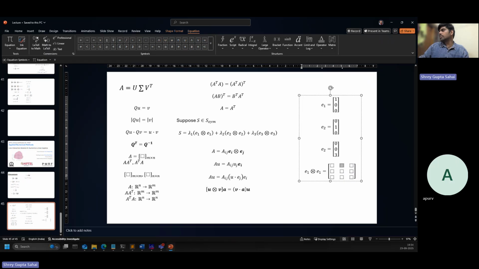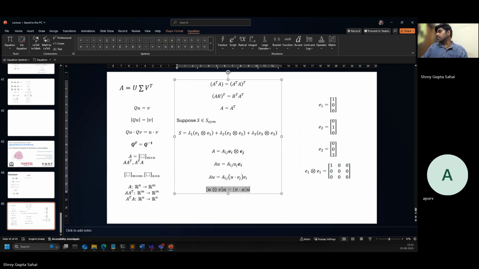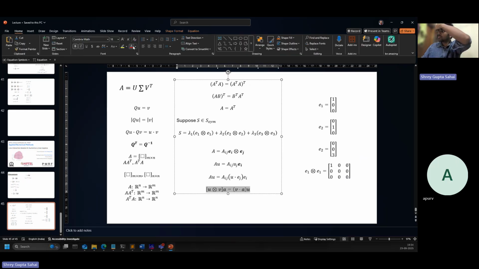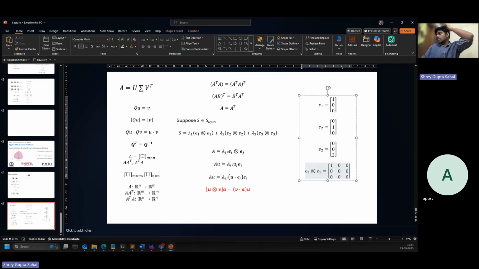If you do this out, you'll realize this is the only matrix that has this property. Maybe I'll color this property. This is the matrix that you will generate.